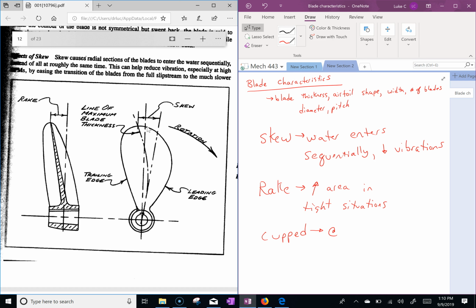Those are at the blade tip, and what it does is it adds area and helps reduce cavitation.